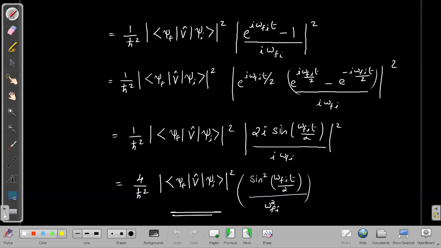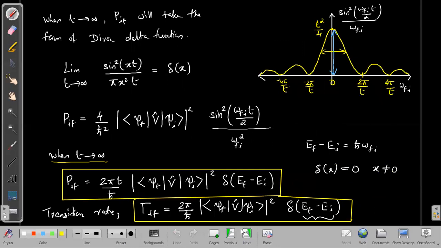So I have to replace ω_fi with ω_fi plus ω in one integration, and in the other integration replace ω_fi with ω_fi minus ω. That is the only difference when going from the constant perturbation transition probability to the harmonic perturbation transition probability. So we can use the final result also. Finally the result is this.